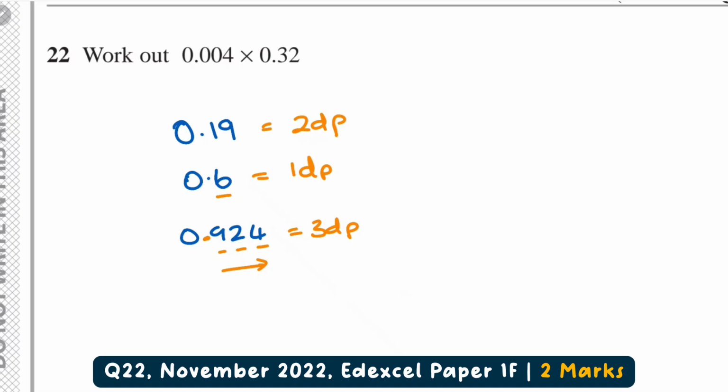So the first step to multiplying using this method is to count the decimal places in each of our numbers and then add these together. So for our first number here, 0.004, we have 3 decimal places, 1, 2, 3, so this is 3 dp.